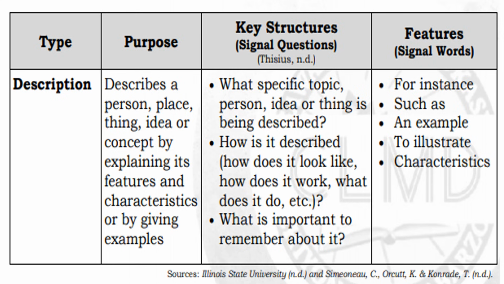How is it described? How does it look like? How does it work? What does it do, etc.? What is important to remember about it? And the features or signal words, for instance, such as, an example, to illustrate, and characteristics.